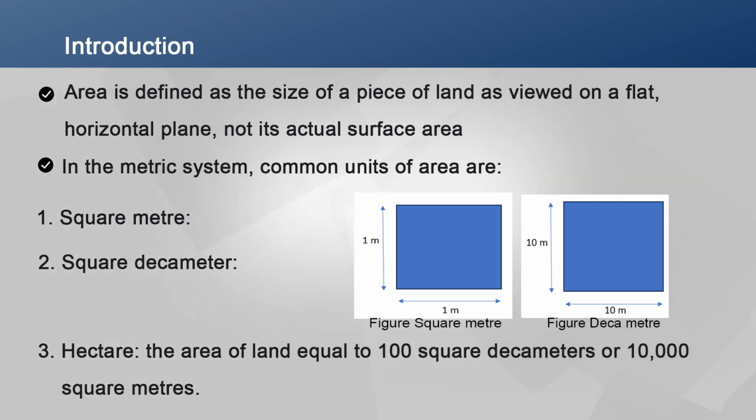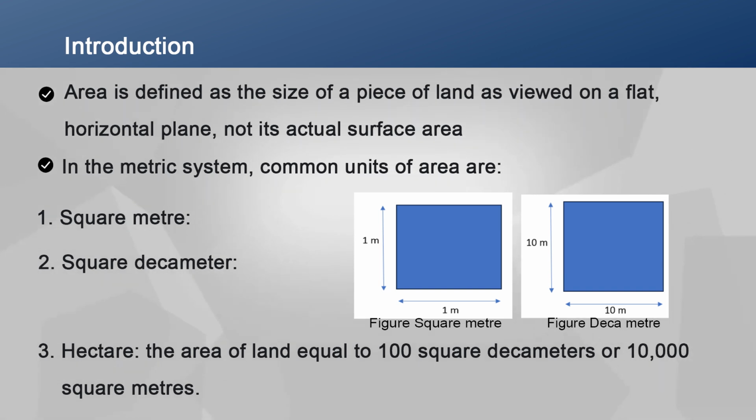Let us assume there is a farmland, so there will be a lot of undulation. If we consider the area of those undulations, the area will be very high. So we are not interested in calculating that particular area. We are interested in the area which is obtained in the top view of the land between the boundaries.